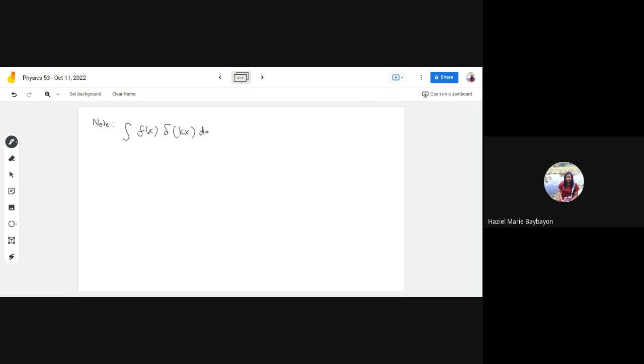Okay, so if you integrate this over all space, then we have the integral of f of x multiplied by 1 over the absolute value of k. So again, k is any constant, multiplied by the one-dimensional Dirac delta function.